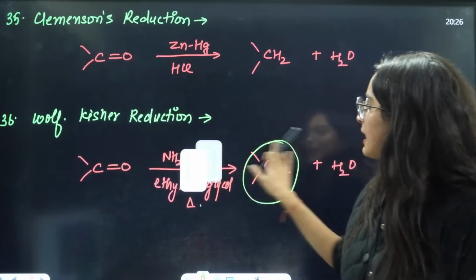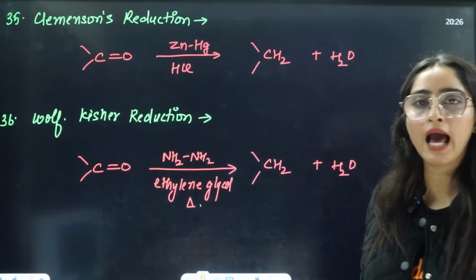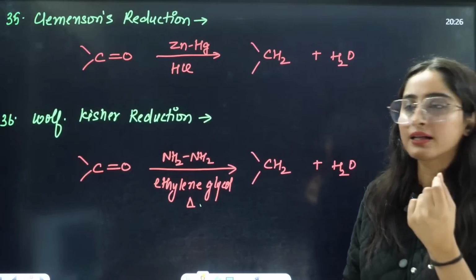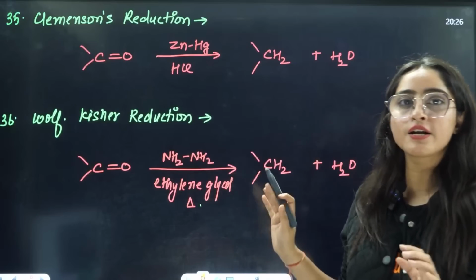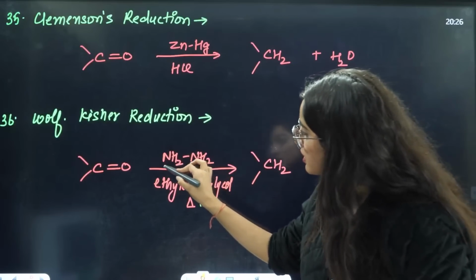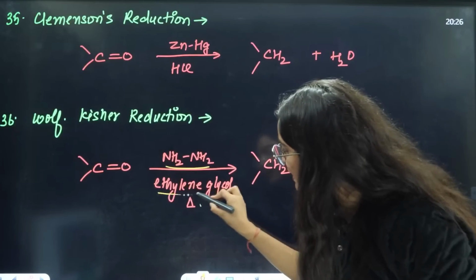So guys, see in Clemmensen reduction, what will happen? You will use zinc amalgam in acidic condition. But in Wolff-Kishner reduction, you will use hydrazine in basic condition.